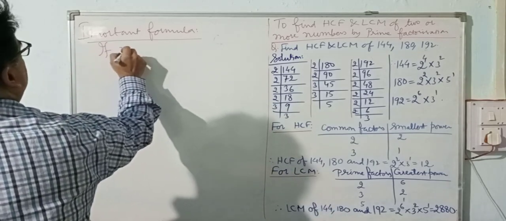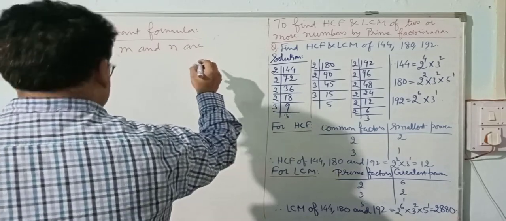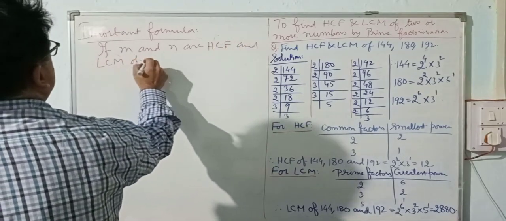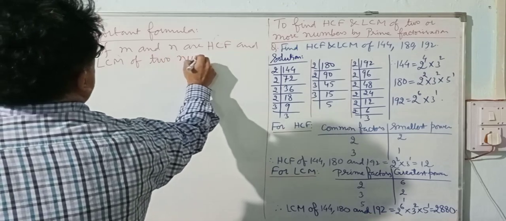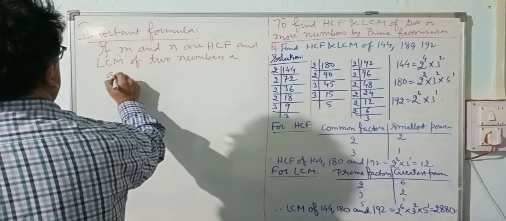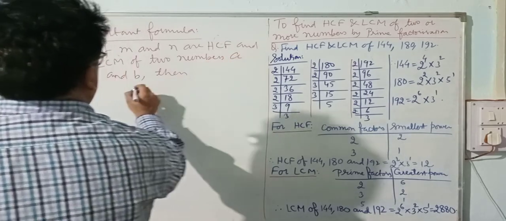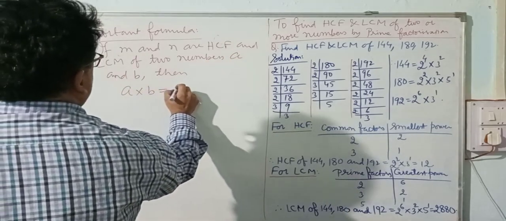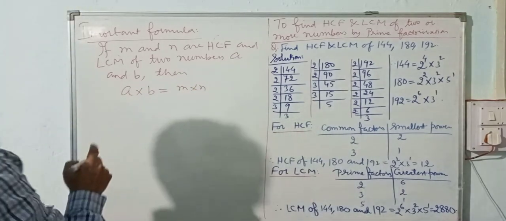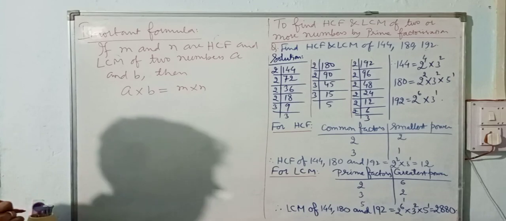If M and N are the HCF and LCM of two numbers A and B, then A into B will be equal to M into N. That is, the product of two numbers will be equal to the product of their HCF and LCM. Remember, this formula is not applicable for more than two numbers.